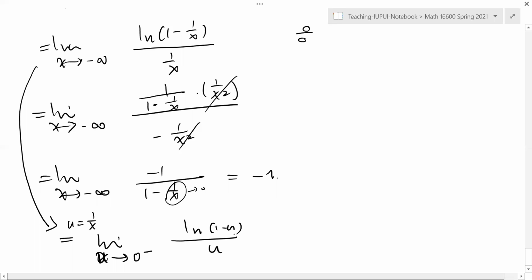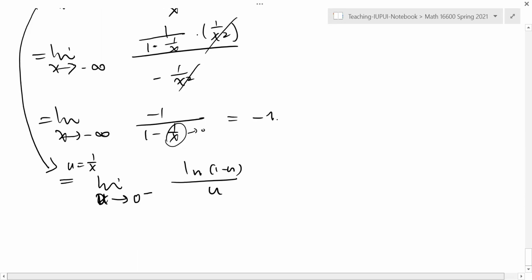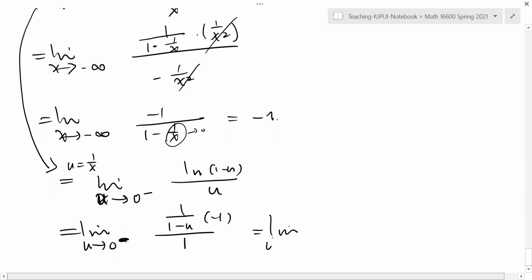So the derivative becomes much easier. Still, you can apply L'Hopital's rule because it's 0 over 0 type. So you will get negative 1 over 1 minus u, and differentiate the denominator to 1, right? You end up with the same result. Okay, it's going to be negative 1.